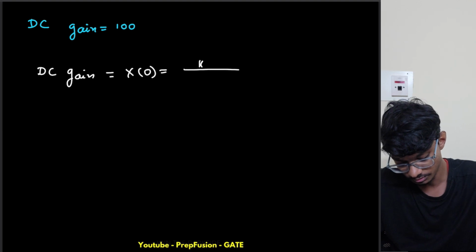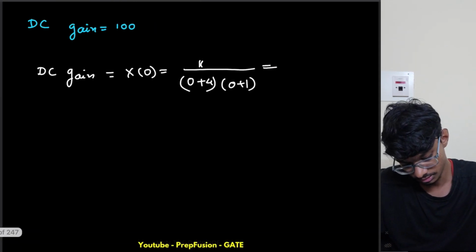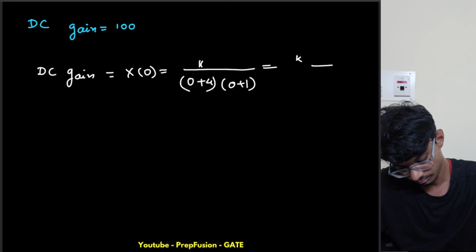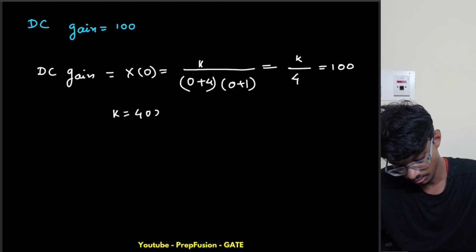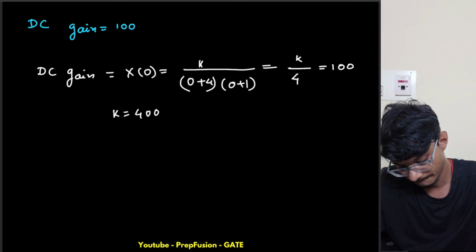Putting s equals 0, we get k divided by (0 plus 4)(0 plus 1), which is k by 4, equals 100. So k equals 400.